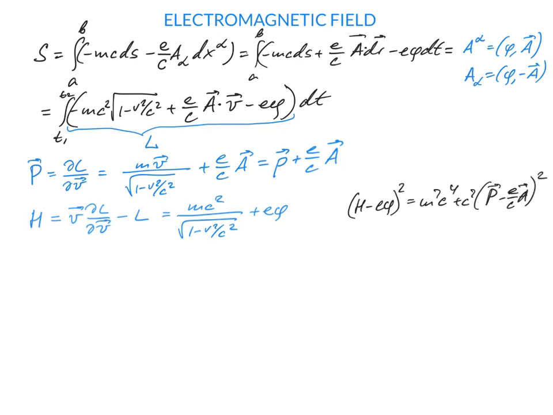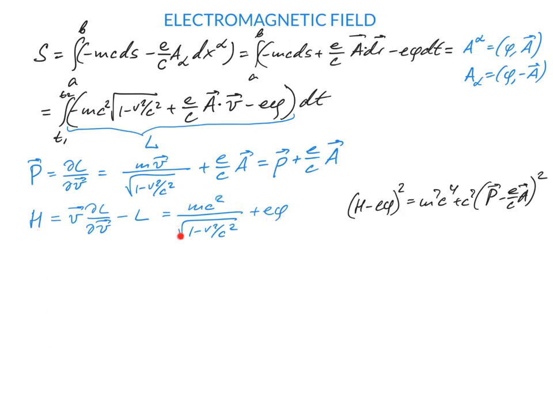So where does this expression come from? Well, it's just the relation between the kinematic momentum, this quantity here, and the energy of the free particle, which is expressed in terms of the Hamiltonian and the canonical momentum. So take the Hamiltonian and subtract e phi.